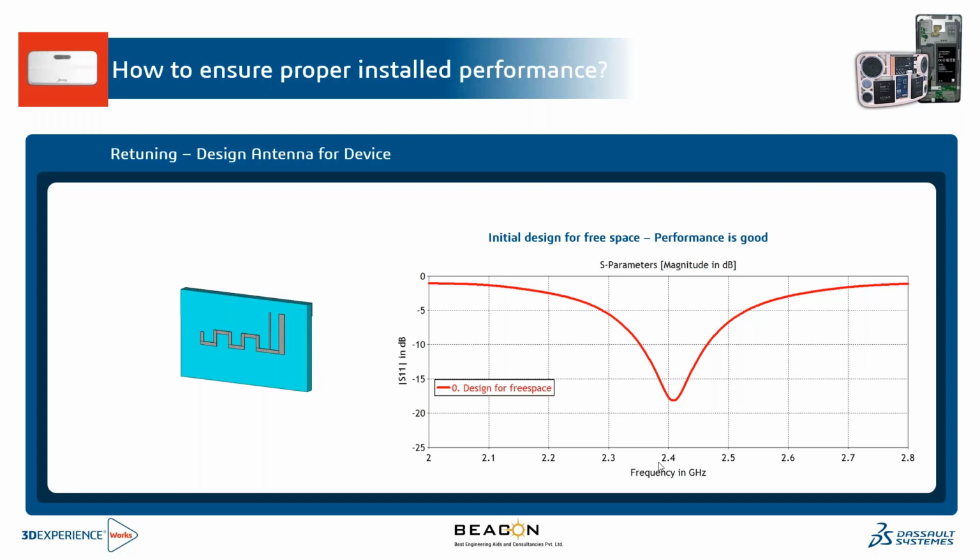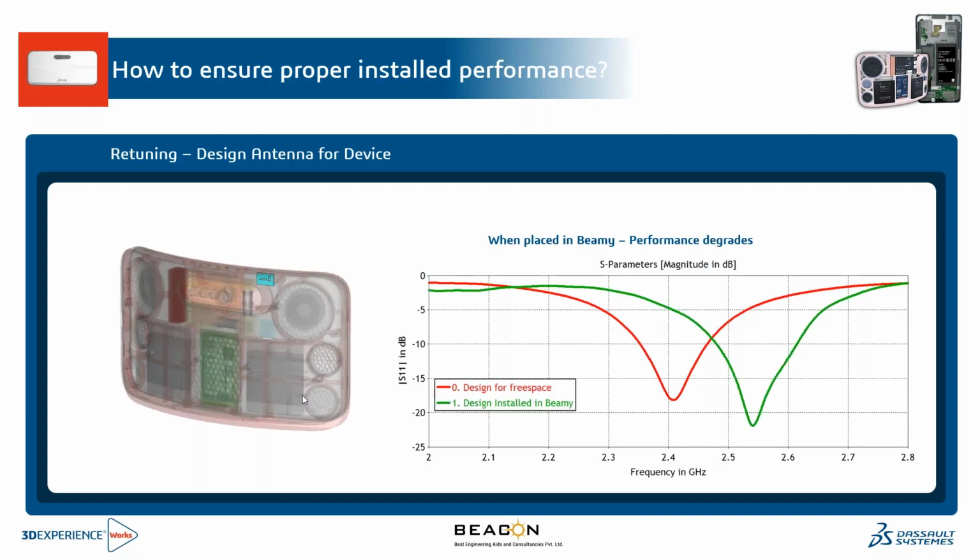Here you can see around 2.4 gigahertz is the performance. And then once it is placed into the beanie, you can see within the beanie on top, there is the antenna which is placed. Once it is placed, the performance is degrading. It is almost 2.55 gigahertz.